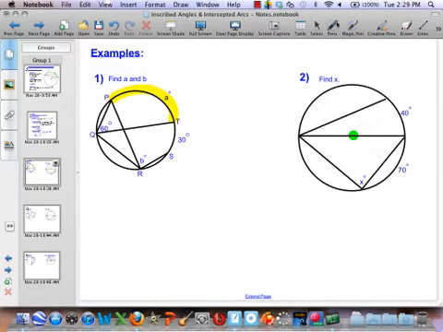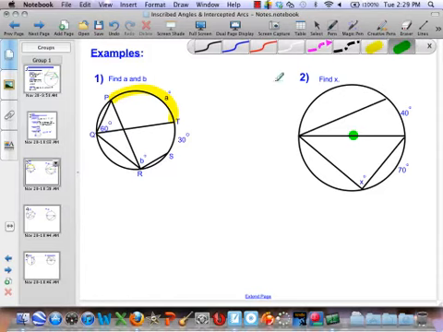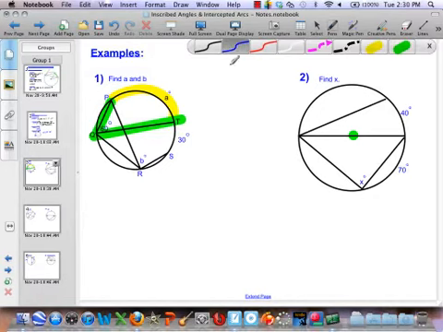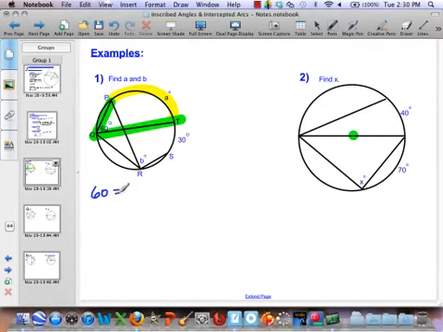And so if we look at that, what angle defines that arc? It's angle PQT. Well, what do you know about the inscribed angle and the measure of its arc? It's always half. So therefore, 60 is half of A.